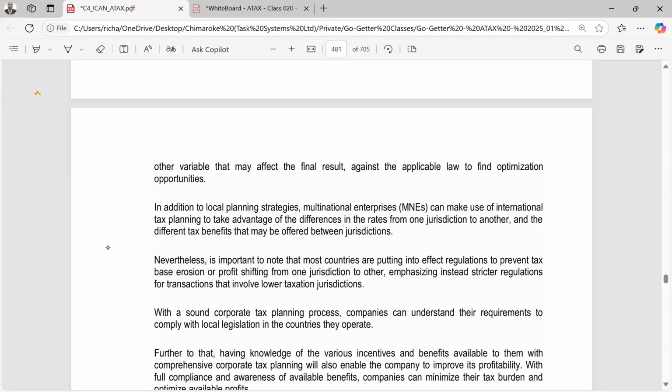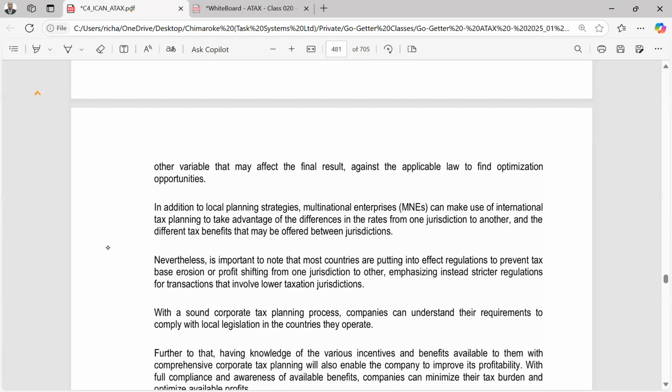We learned about tax avoidance and how specific legislation is made to mitigate tax avoidance schemes that are personal. Then we have the general tax avoidance scheme.